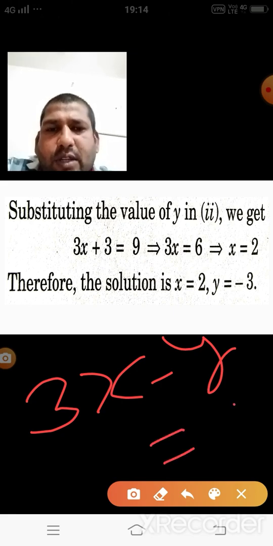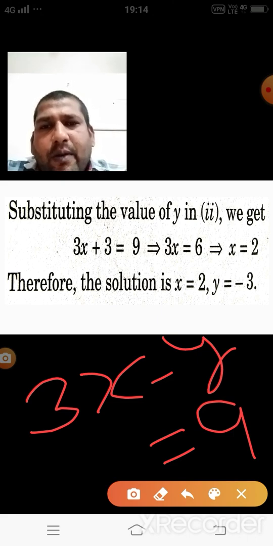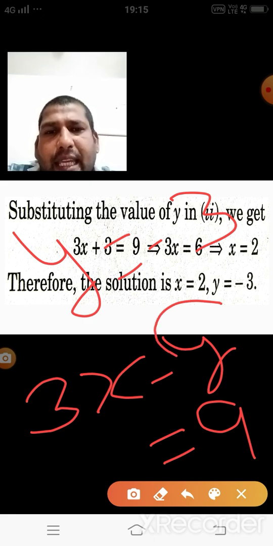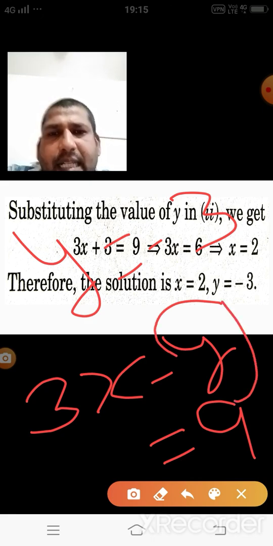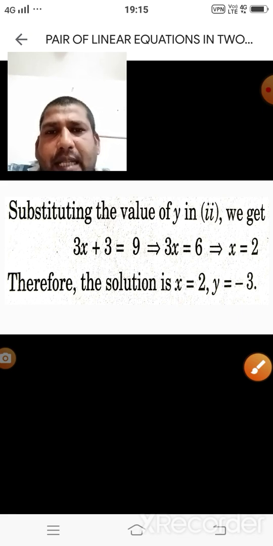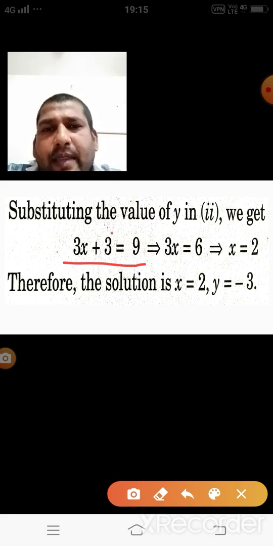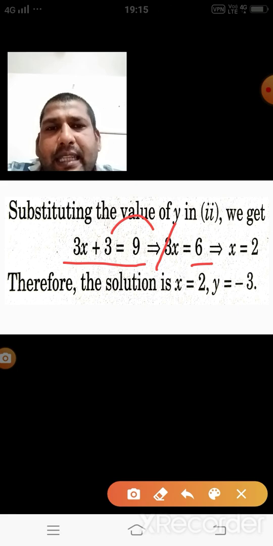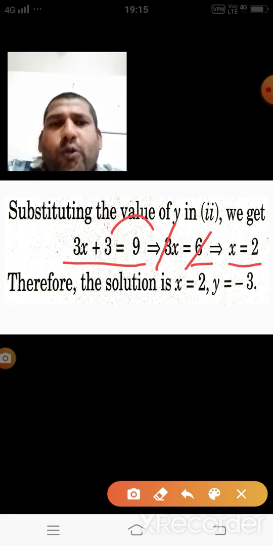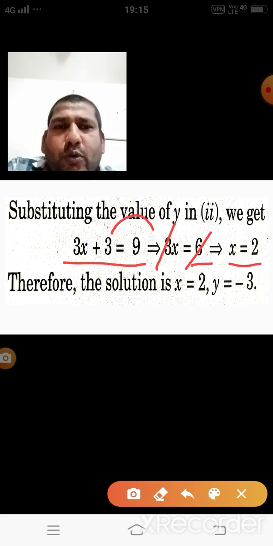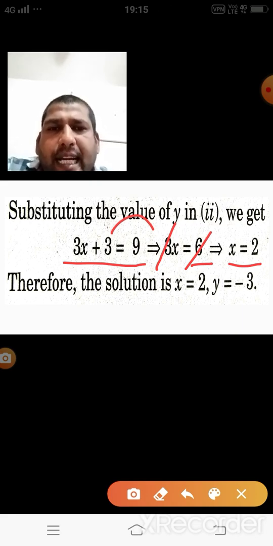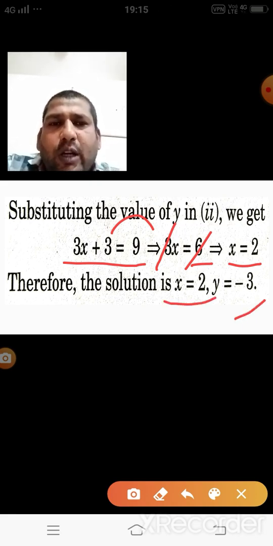The value of y is -3, and putting it in, minus minus gives positive, so we get 3x plus 3 equal to 9. Taking 3 to the other side, 9 minus 3 is 6, 3 and 6 cancel out, and we get x equal to 2. The required solution is x equal to 2 and y equal to -3.